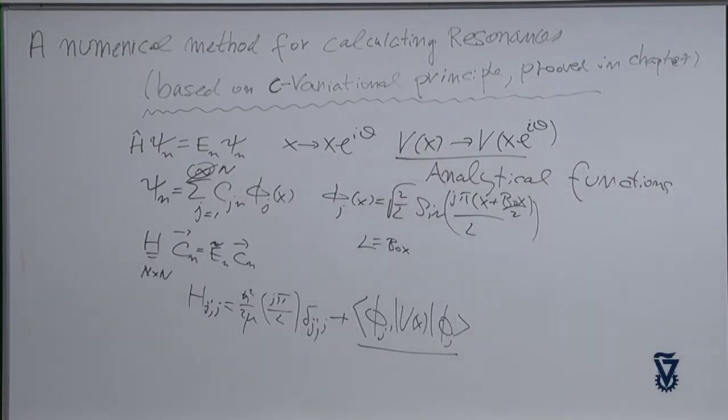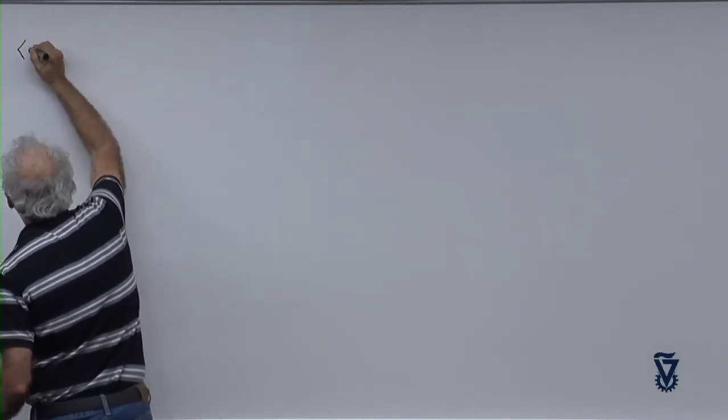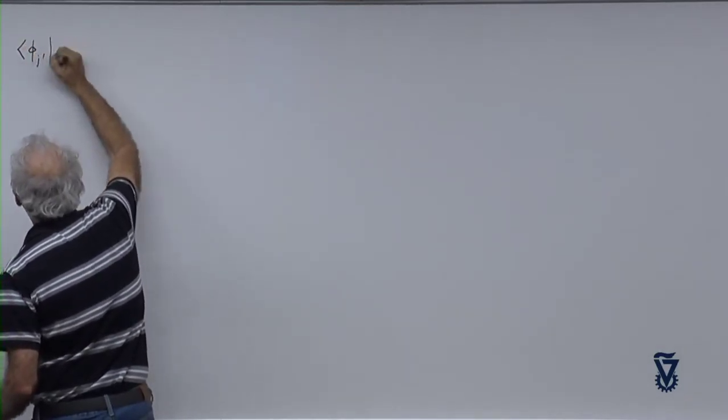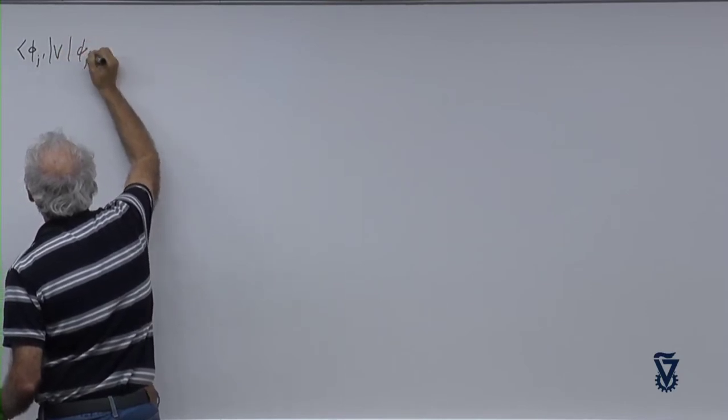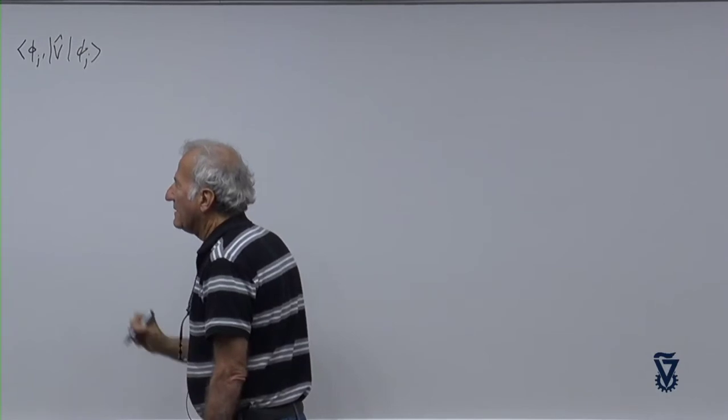Okay. So let me start by saying that ⟨φ_j'|V|φ_j⟩, let's put it like this. This is my claim.